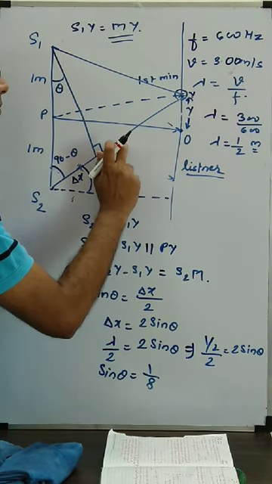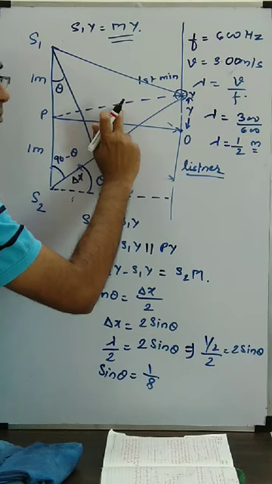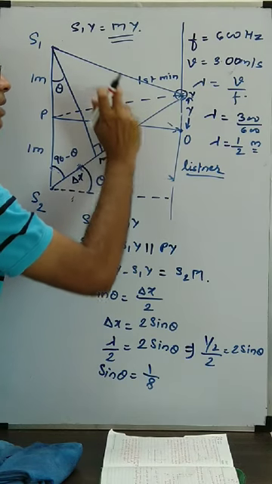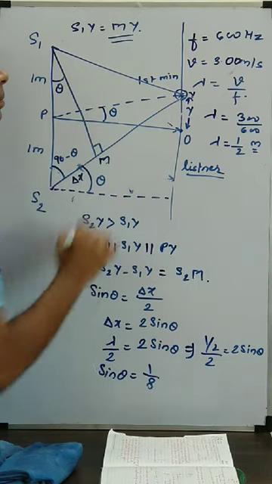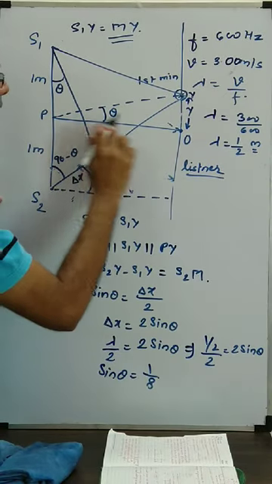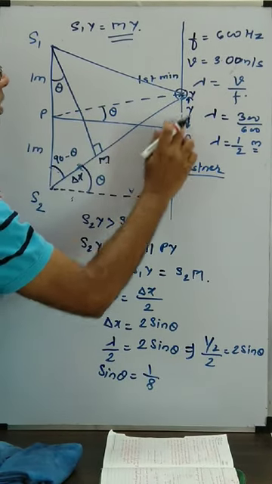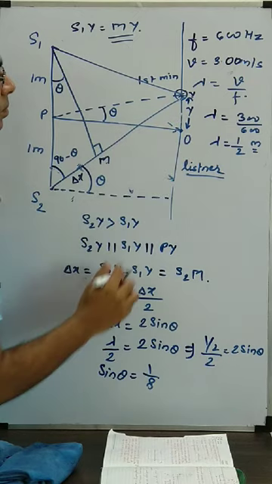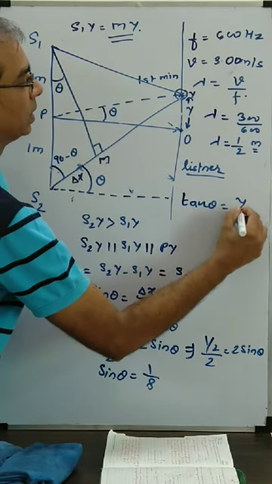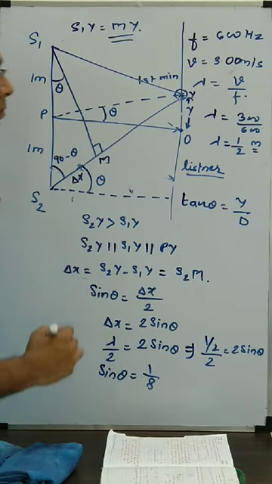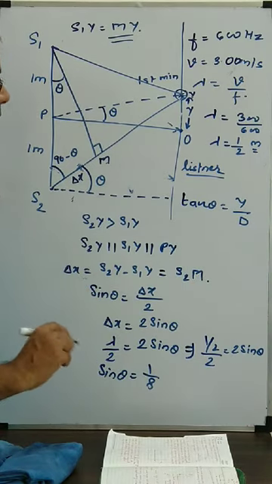In fact, all three are parallel. So this angle also will become theta. So if this angle is also theta, in this triangle, which is POY, I can write tan theta equal to y by d.